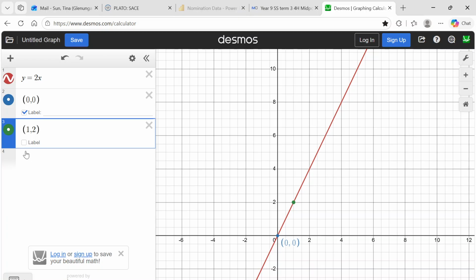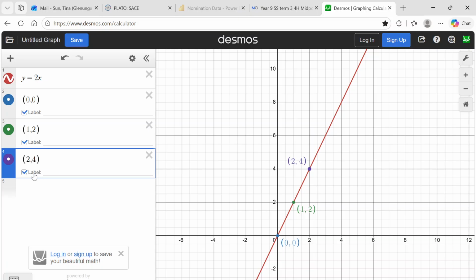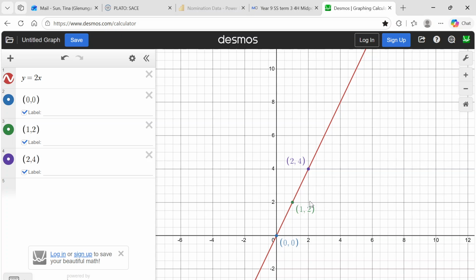We label this point. And also we type in (2, 4). We label this point. So now guys, we can find the gradient from here to here: we use 2 for the run and 4 for the rise.